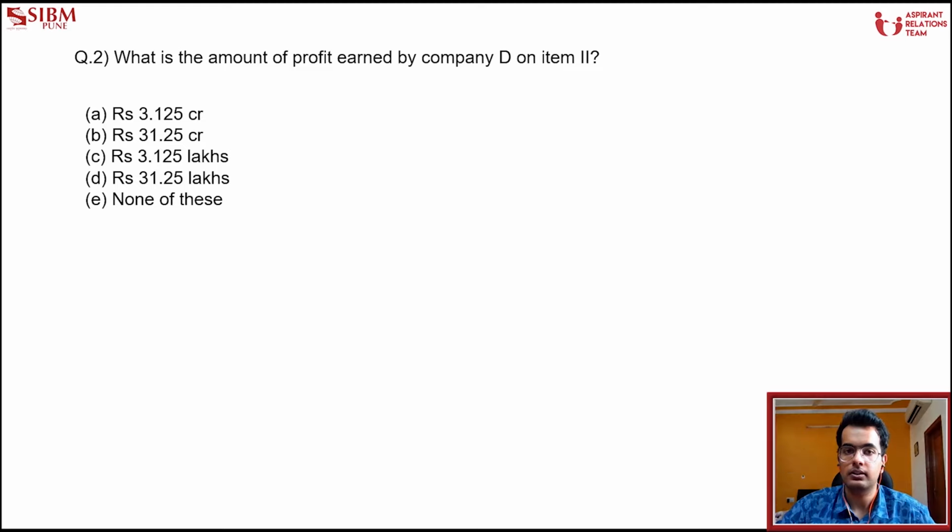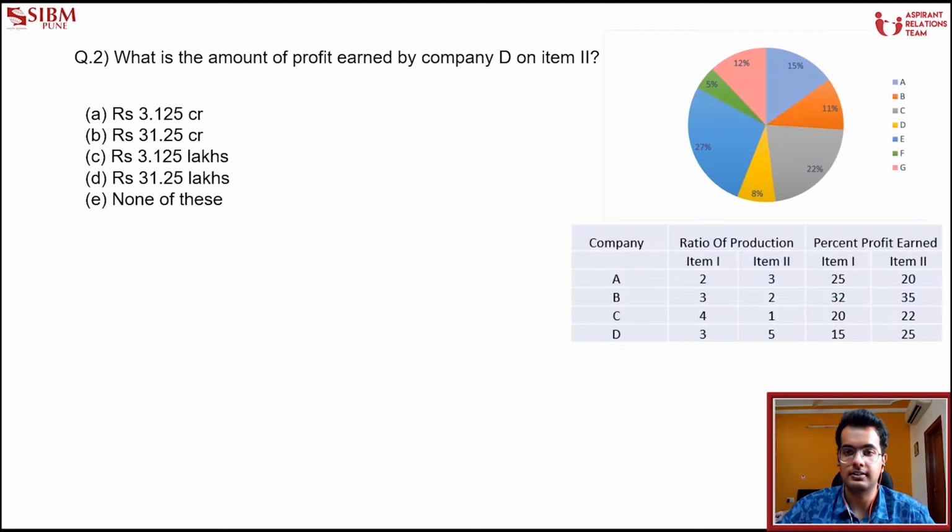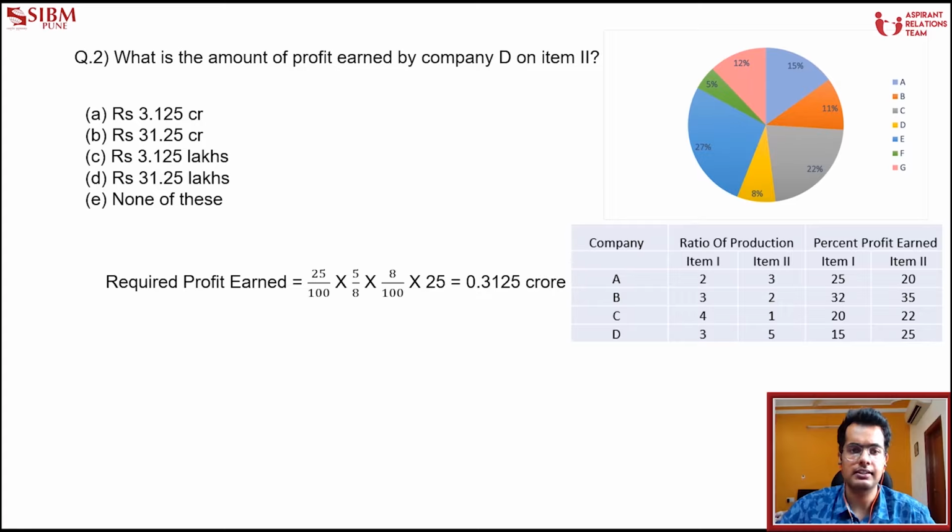The next question asks, what is the amount of profit earned by company D on item 2? These are the options that are given, and this is the data. It's a simple one-line solution. Let's figure out what we did here. Firstly, we know that out of the total production, 8% is the production of company D, so we calculate 8% of 25 crores.